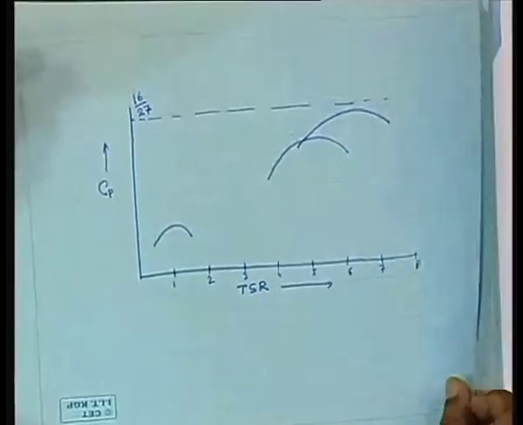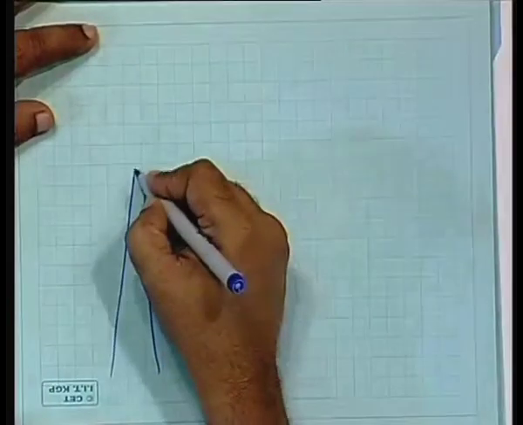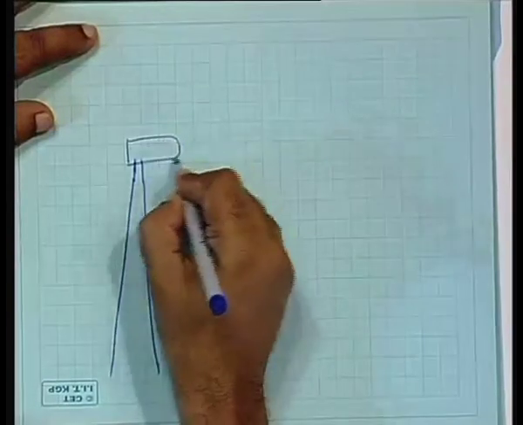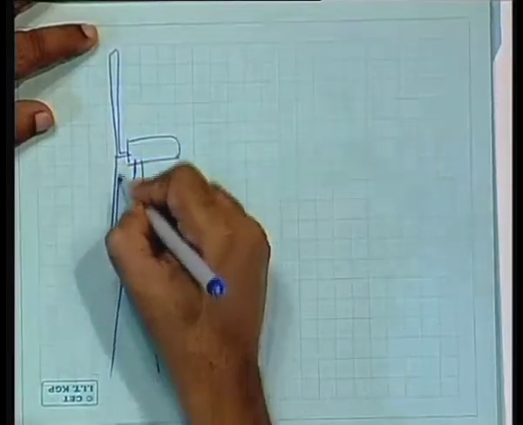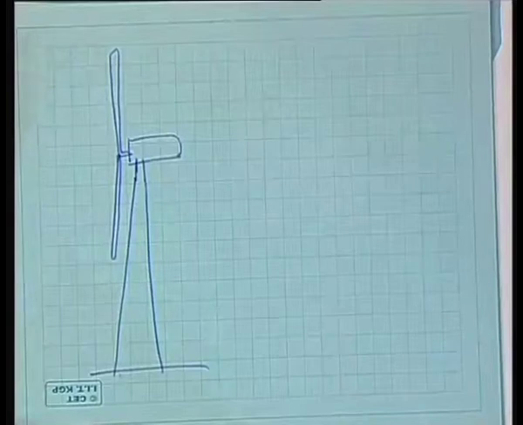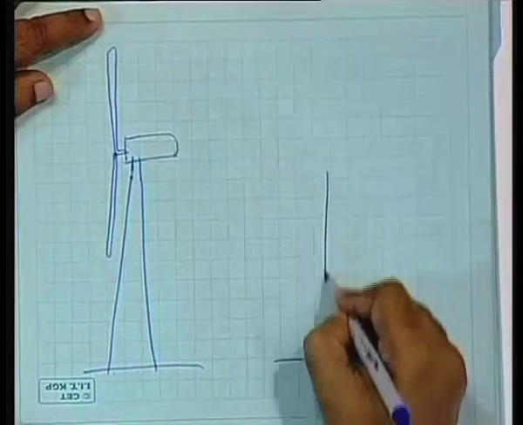So the question is, how do they compare? The one is the horizontal axis wind turbine, which has a structure like this, and the vertical axis wind turbine, which has a structure like this.